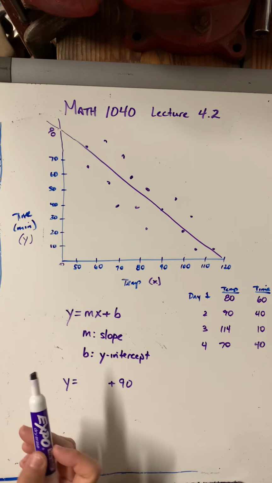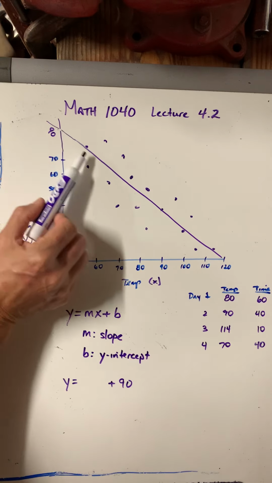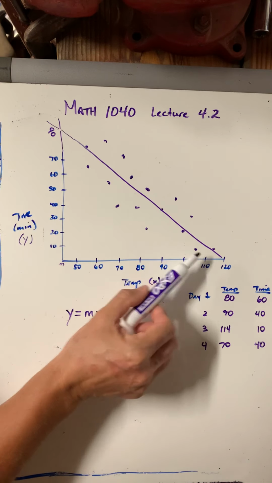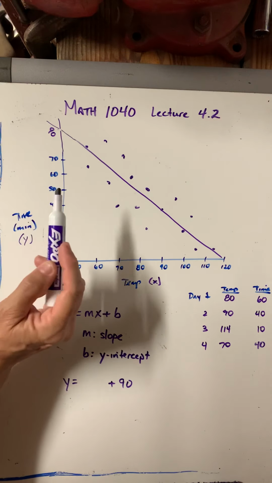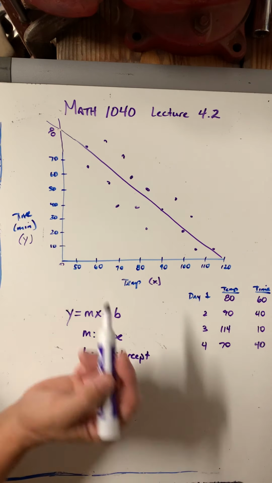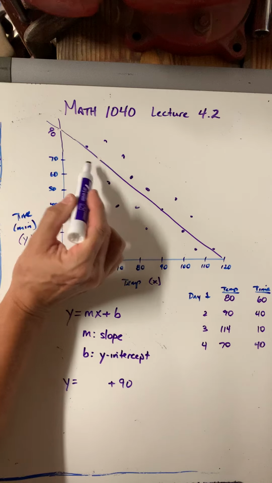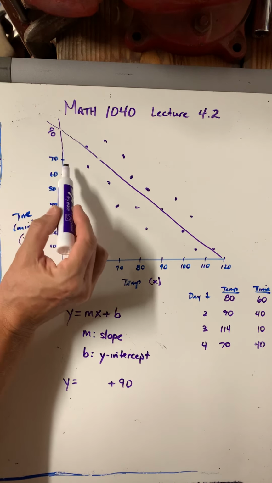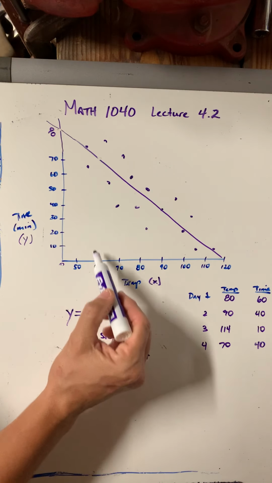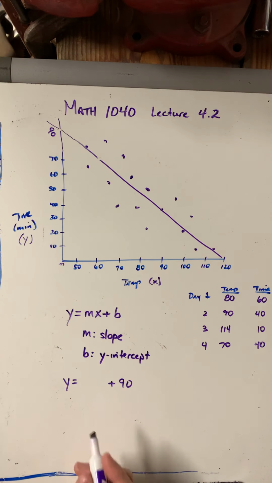What about the slope? The slope has to do with the rise over the run, the rate that this is decreasing. In algebra class, we would typically take 2 points and figure out how far the rise was. That's about -20 from 90 down to 70, and how far the run is, and let's say that's 60 or something.